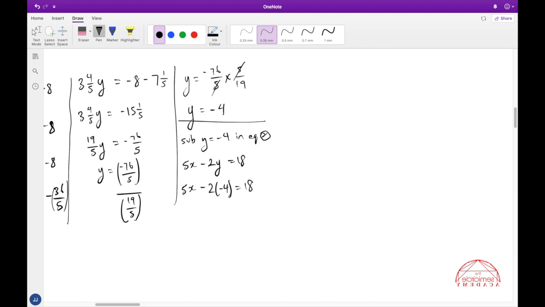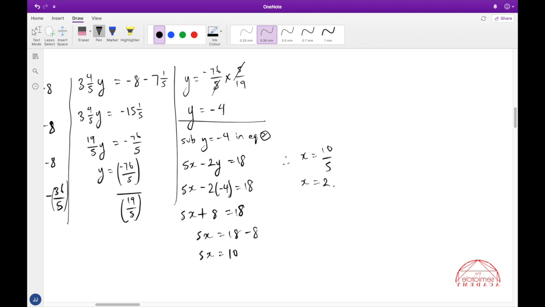Now minus 2 times minus 4: 5x plus, a negative times a negative is a positive, 4 2s are 8, is equal to 18. I could kind of see what's going on here already, right? 5x is equal to 18 minus 8. 5x is equal to 10. Therefore, x is equal to 10 divided by 5. x is equal to 2.